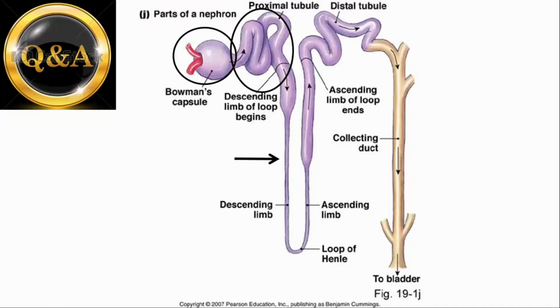What is the loop of Henle made of? It is made of a descending loop into the medullary pyramid and a point of turning and an ascending part of the loop of Henle, also made of thin and thick parts.